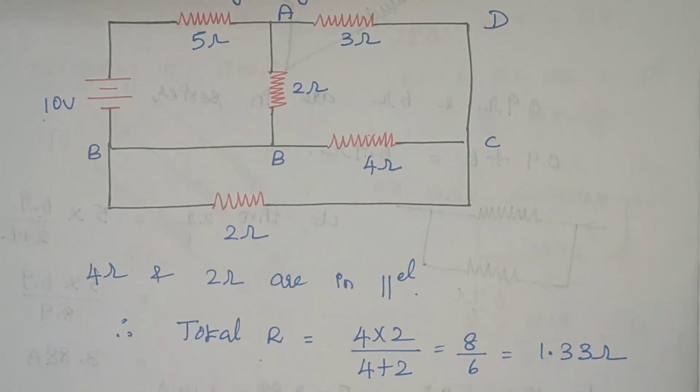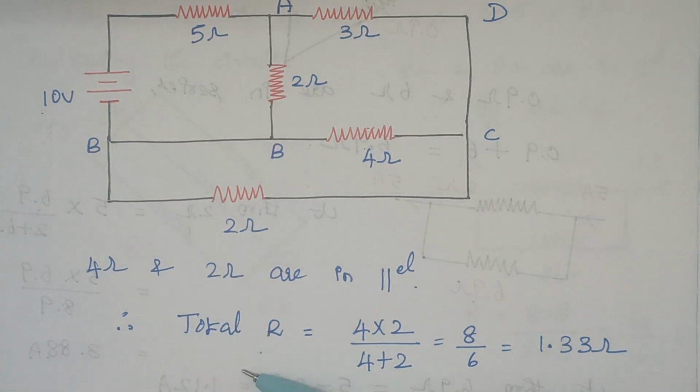How do we reduce the parallel combination? The total resistance is given by R1 into R2 divided by R1 plus R2. That gives the value of 1.33 ohms.